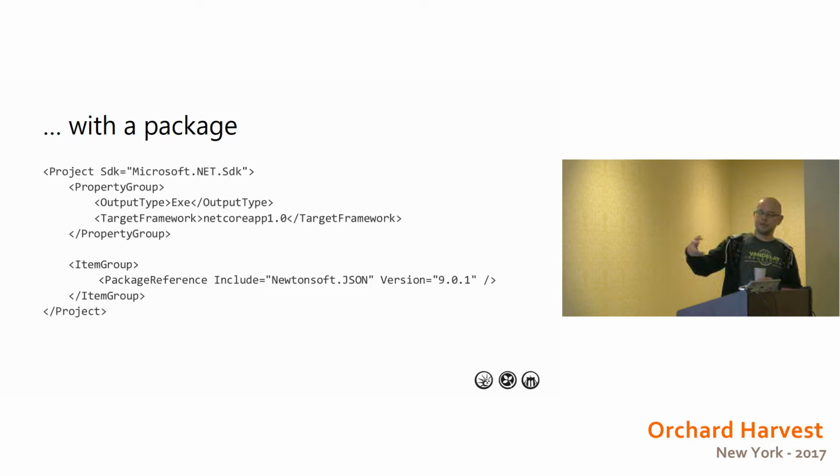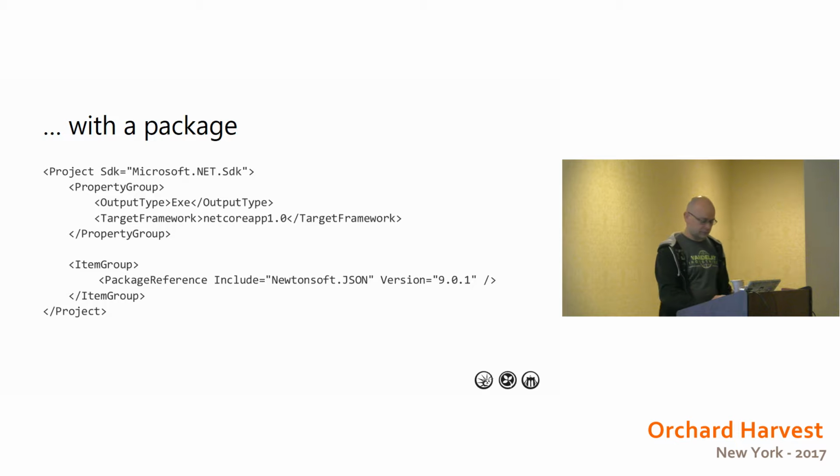You have a new section that appears that has your package references, and the package reference is just one tag with the name of the package and the version. That is reasonably easy to edit by hand, but you don't even have to. There are CLI commands that manage those package references, and you can also manage them through the NuGet dialog in Visual Studio.